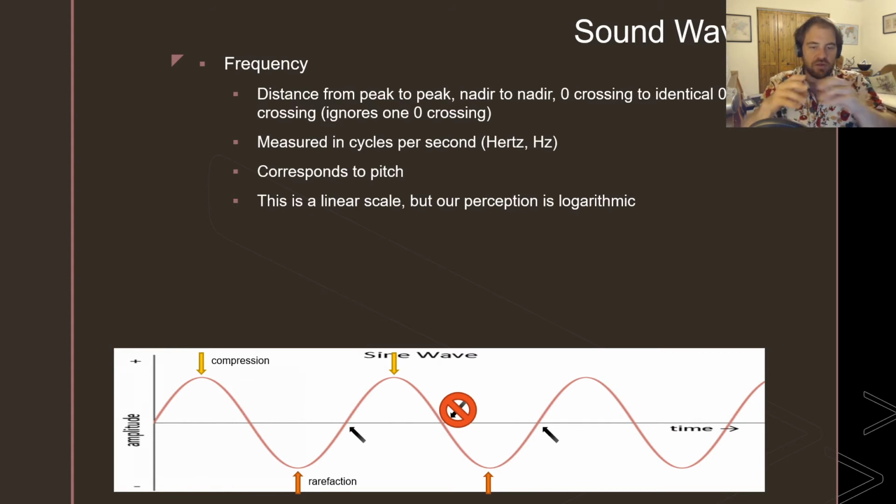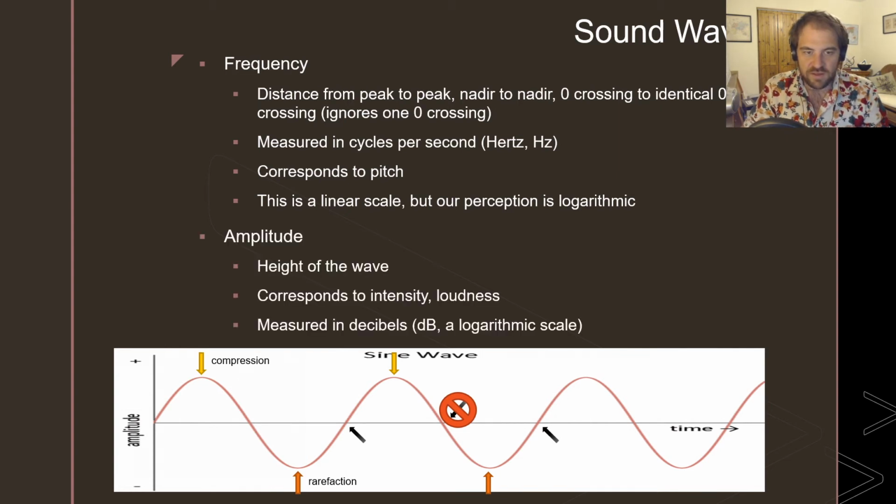Color is circular. Frequency, or pitch, I guess, pitch is helical and also logarithmic. So it's an interesting way to perceive things. An interesting distinction between what our perception is and what the actual scale is.